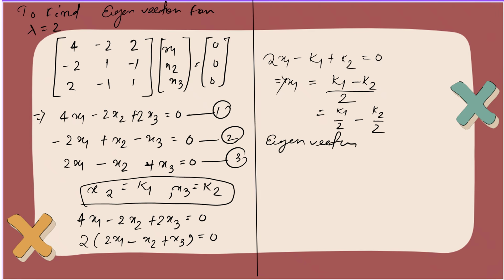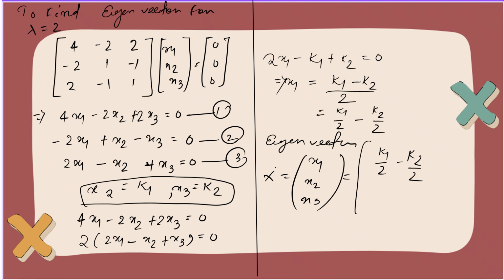Eigenvector, like capital X is x1, x2, x3. So here we already know x1 value is k1 by 2 minus k2 by 2, and x2 value is k1, x3 value is k2.